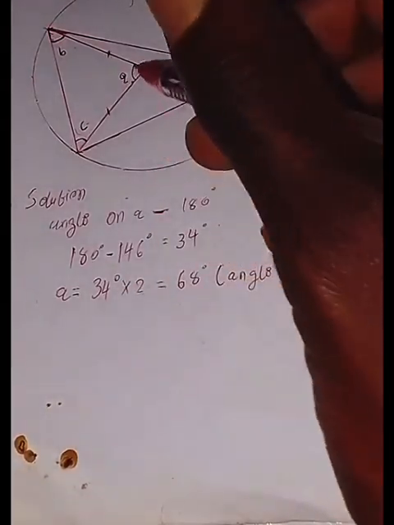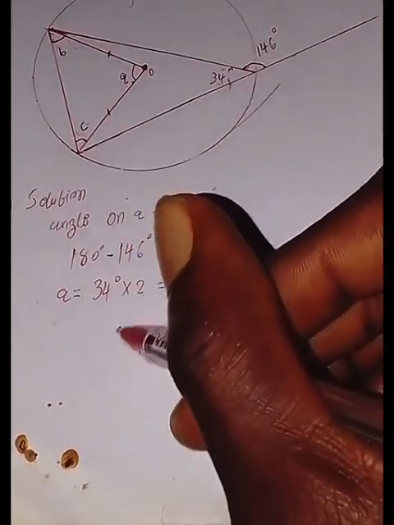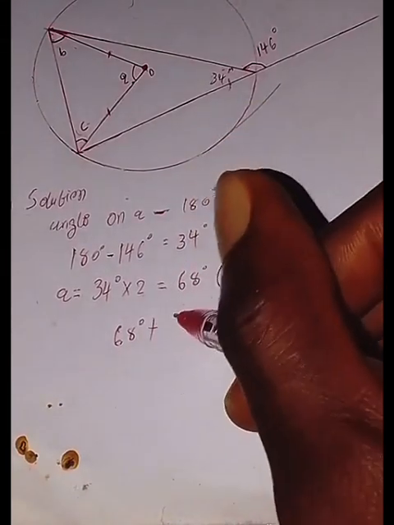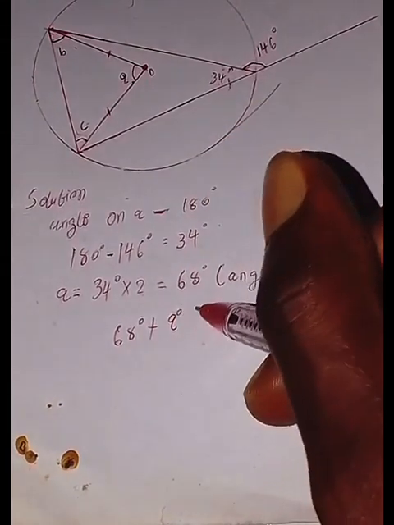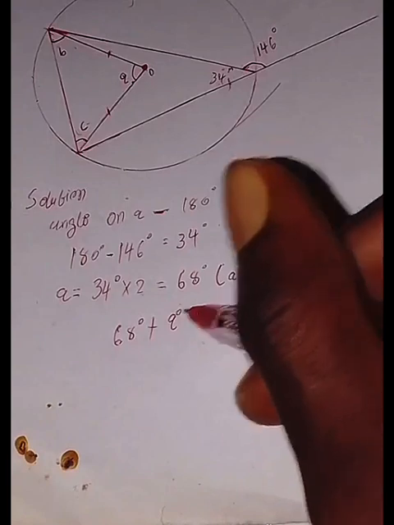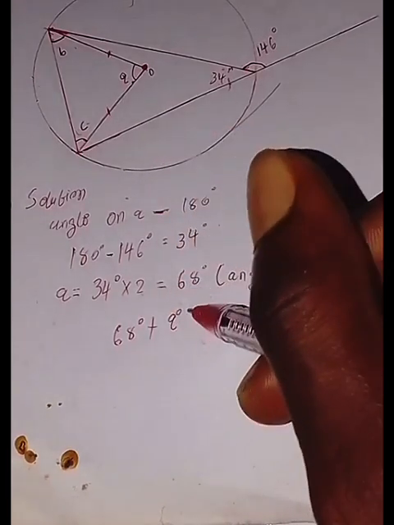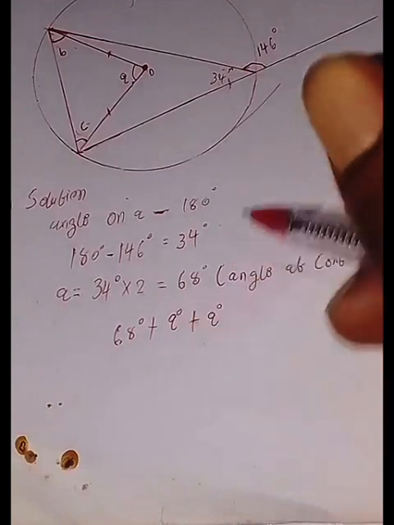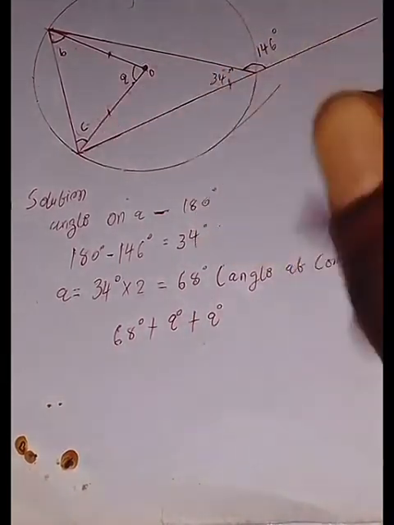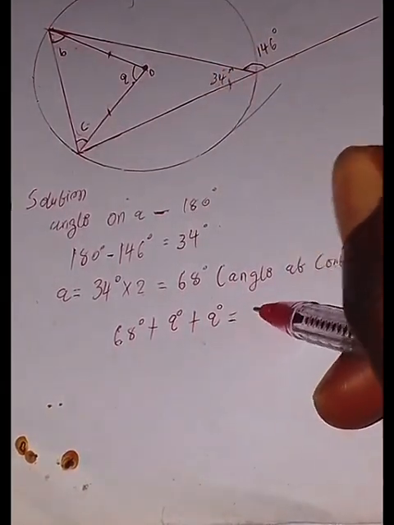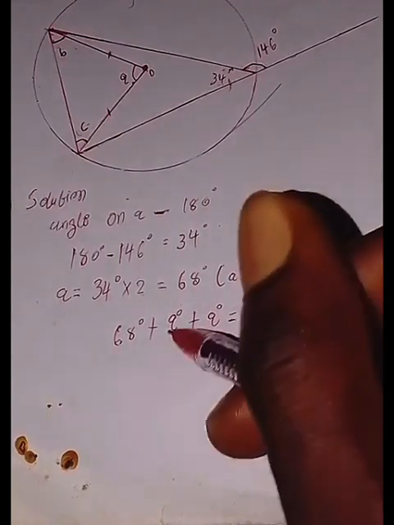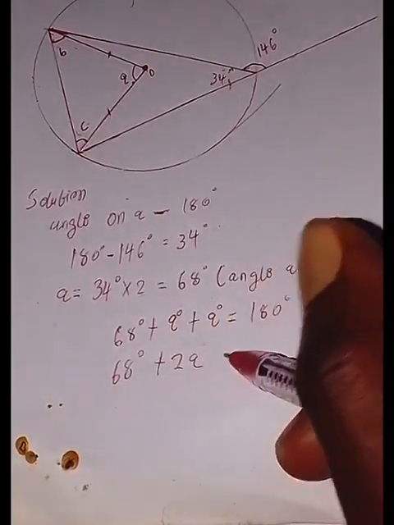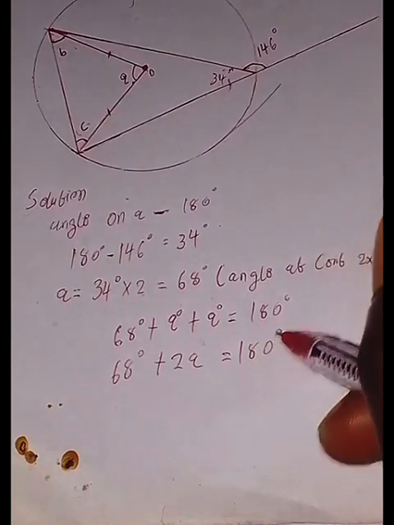Since A is 68 degrees, plus, let's use A for them, A degrees plus A degrees. So this A here is representing B and C. A degrees equals 180 degrees. So 68 degrees plus 2A equals 180 degrees.